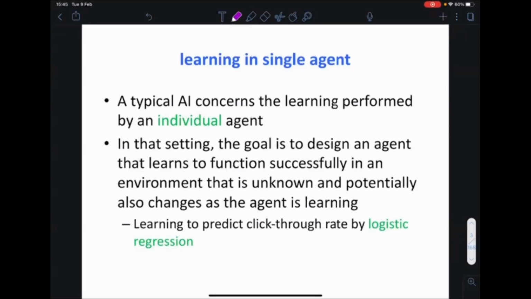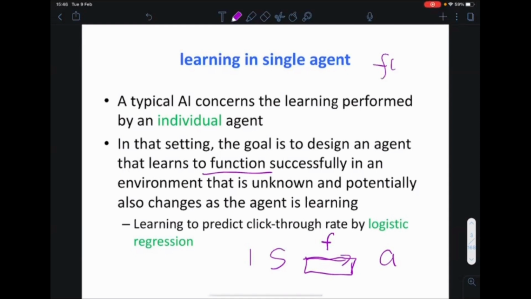The goal is to come up with a function mapping from the state to the action. The function in between is really to construct that kind of mapping. So let's say the function. You can actually think about the learning.